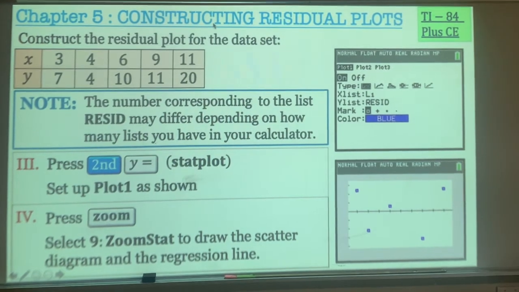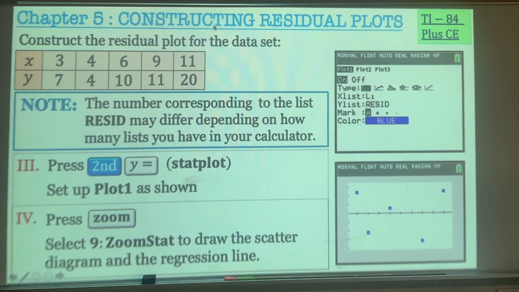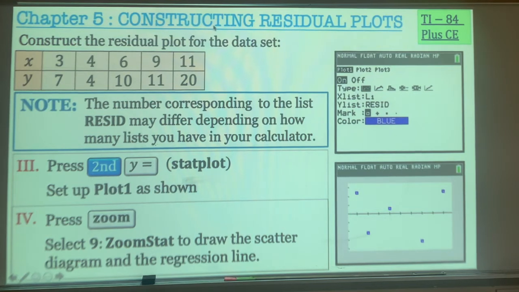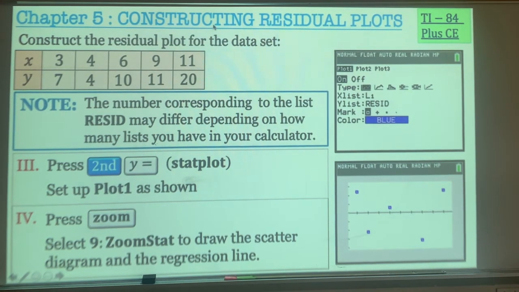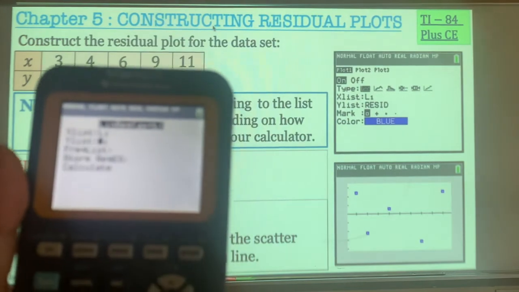The number corresponding to the list, stat, calc, LinReg. Here's the problem.